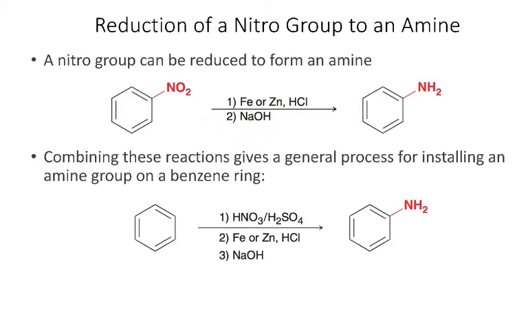So if we start with a benzene ring and we want to make an amine as opposed to a nitro group, we'll just go through the nitro group as an intermediate. So first we'll react it with our mixture of nitric acid and sulfuric acid. This will give us the nitro group added to the benzene. Then if we react the resulting nitro group with iron or zinc in the presence of HCl, then hit it with sodium hydroxide, that will give us our amine added to the benzene.